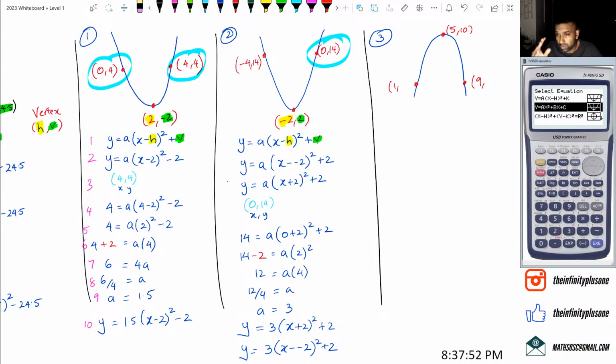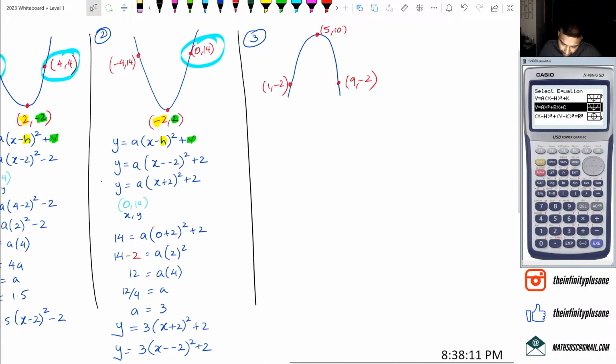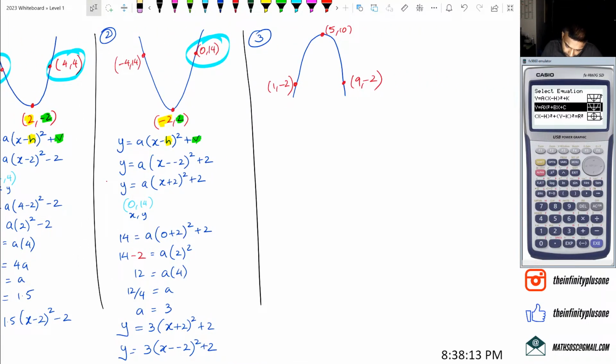We're going to go rise over run squared, so 8, 16. Let's go 0. No, -2. Yeah, let's try that one there. I'll give you guys a couple of minutes to do this, number 3.